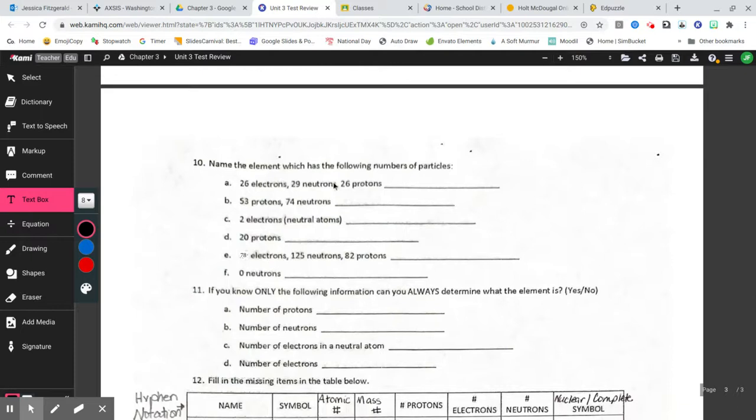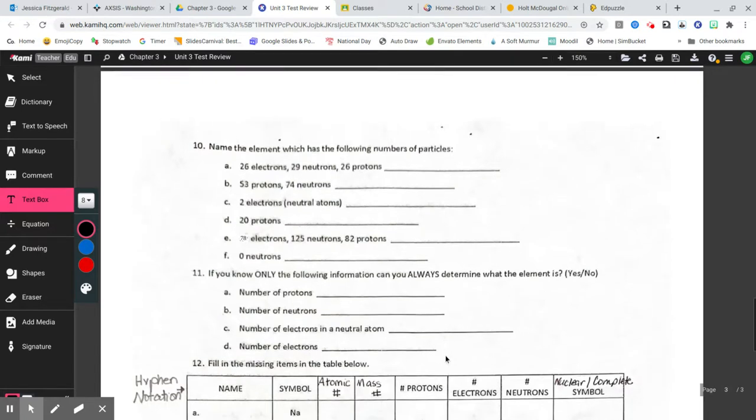Again, for 10 and 11, you're going to use your periodic table to help you write down the name of the element. And 11 says if you only know the following information, you can always determine what the element is, and you're going to either write yes or no based on your knowledge about the subatomic particles.